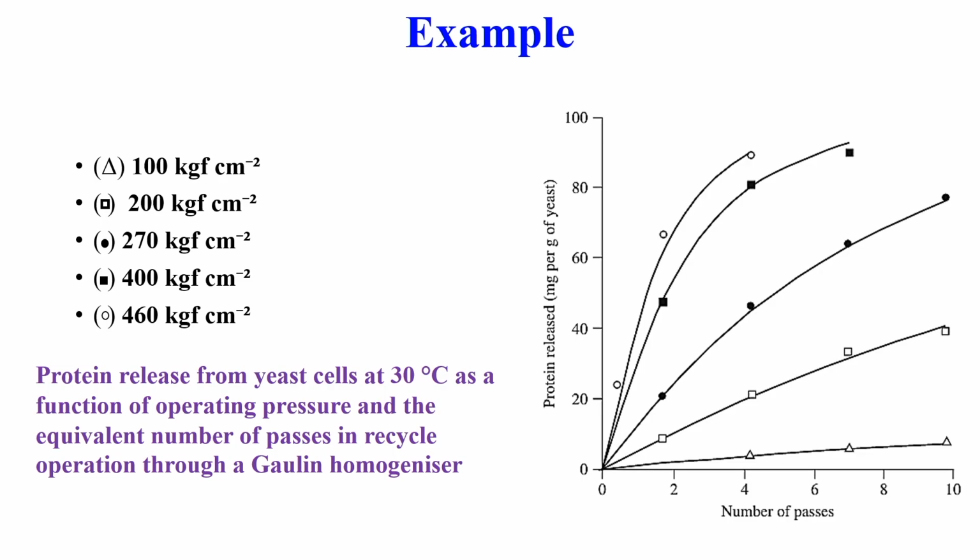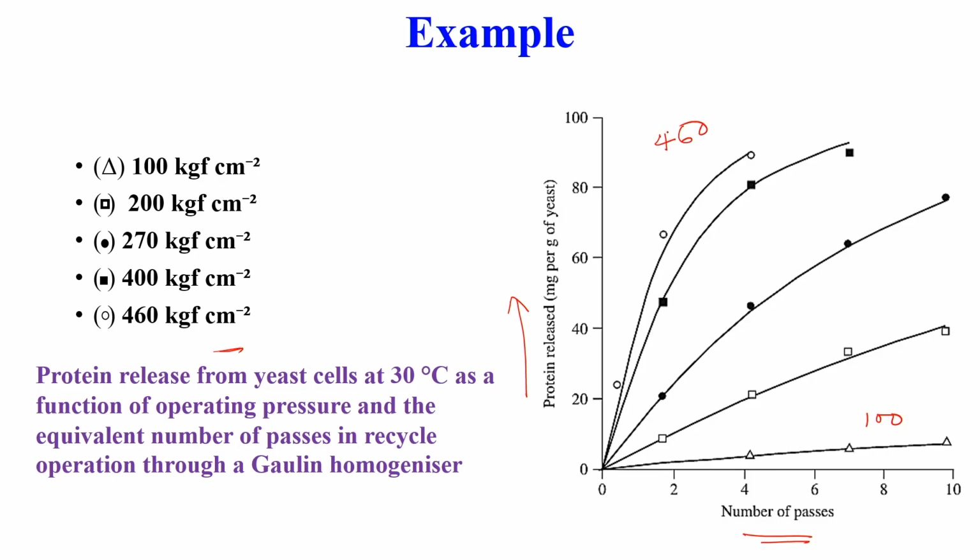Here you can see the x axis is the number of passes, the y axis is protein released per gram of yeast, and it is operating at different pressures starting from 100 to 460. So, this is 100 and this one is 460.